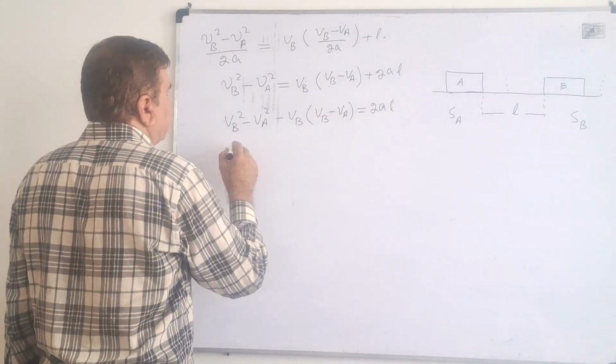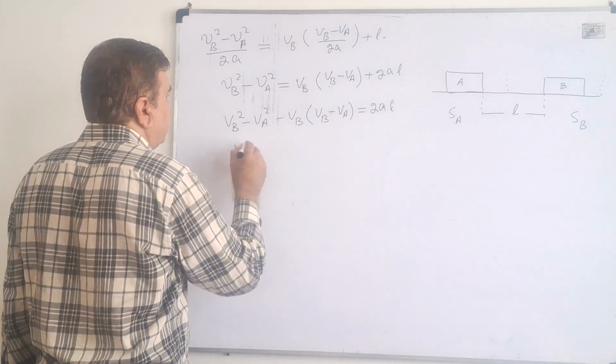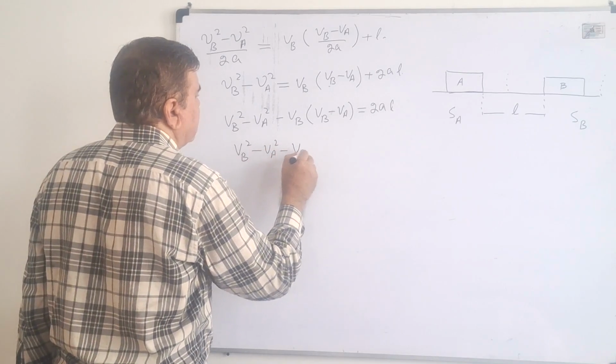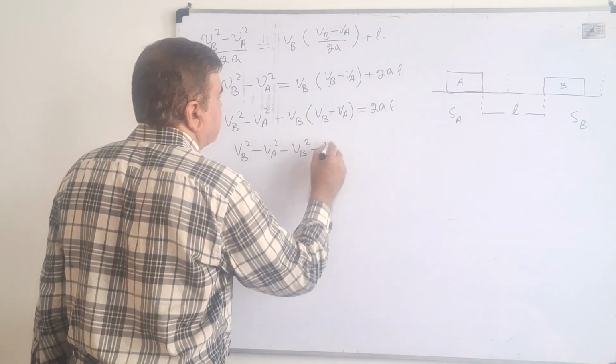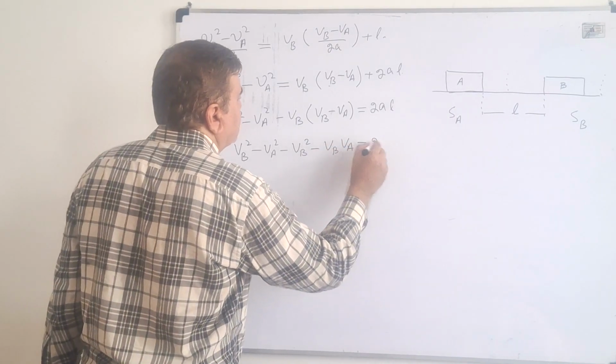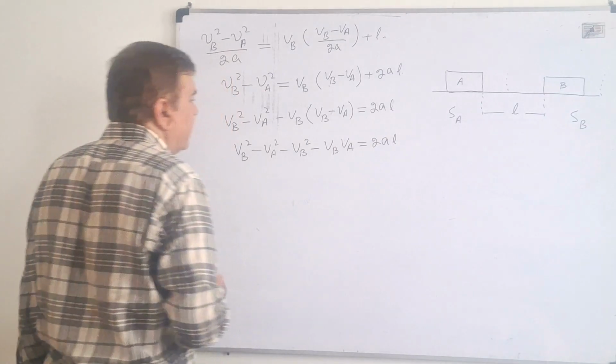I open this bracket: VB squared minus VA squared minus VB squared plus VB times VA equals 2AL.